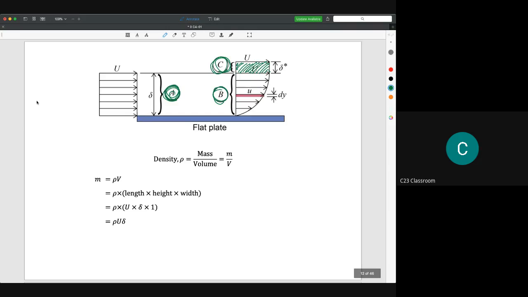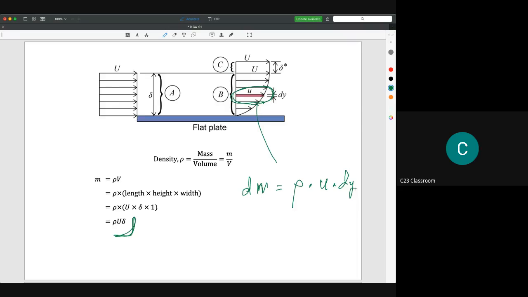Because the area is not symmetrical, it increases like this. So we start our calculation by calculating the mass for the small area. For the small area, the mass m here is equal to the same equation: we have rho, and then the velocity is small u, and the height here is actually dy.